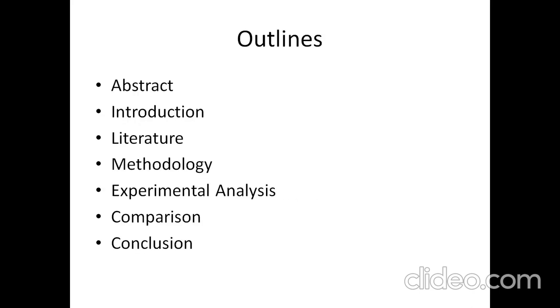In lecture number 1, we have outlined different sections of a research paper, and that is abstract, introduction, literature, methodology, experimental analysis, comparison and conclusion. These are the general sections of a research paper.